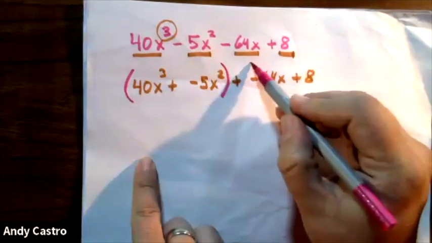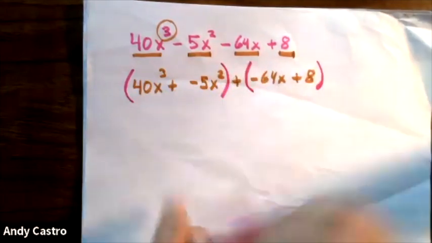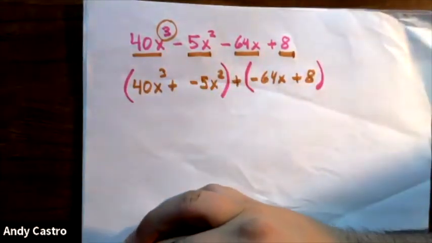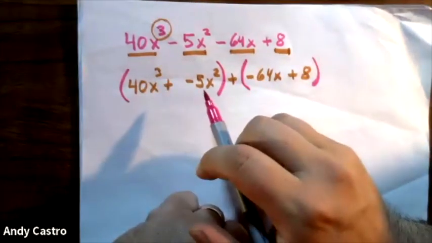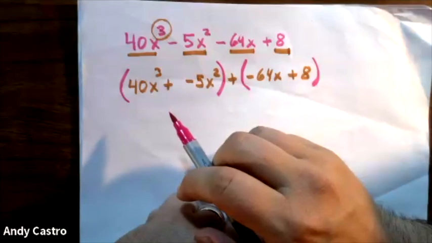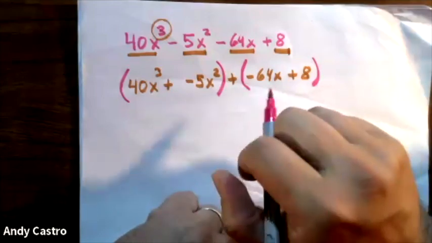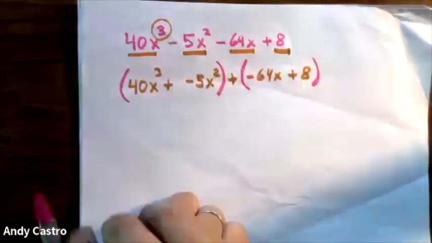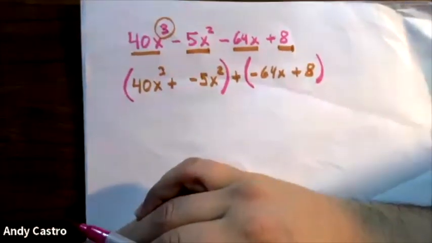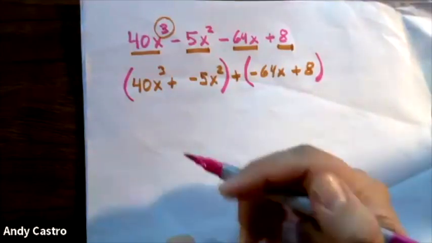This is called grouping, where we group the first two and the last two terms together. And if we do that and we pull certain things out and they match what's inside these parentheses, then we can pull out the entirety of the parenthesis. And that's called factoring by grouping.